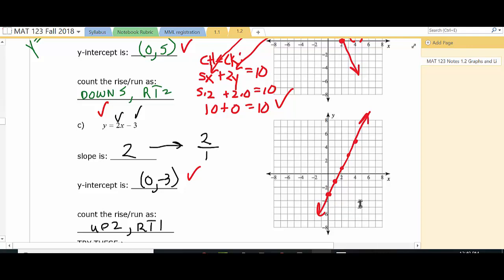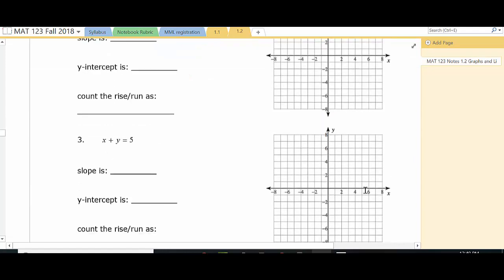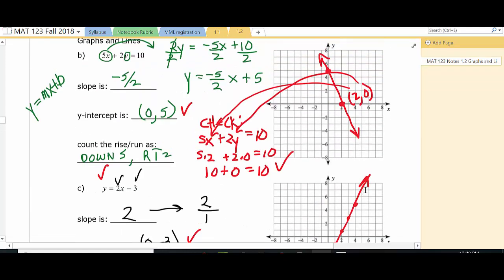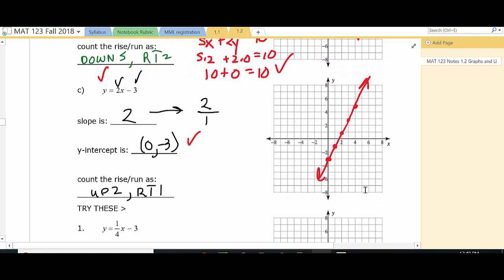Okay, so before we take a break, let's work on the next 3 problems. I want to give you a little time to do that so I can walk around and see if you are on the right track. Mainly what I want to see is the correct graph, what the slope and y-intercept are. I'd like you to try to check when you're done with these, to see that you understand that, because the second dot you get to should check when you plug it in.